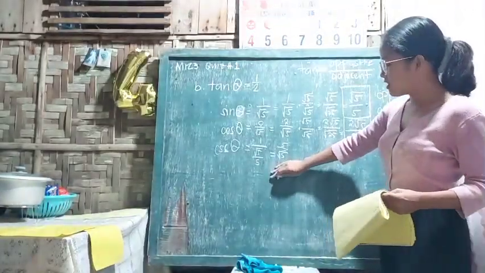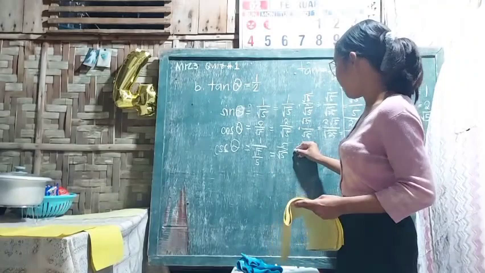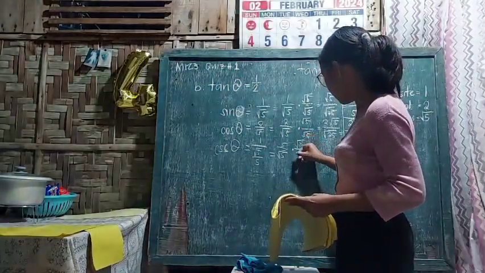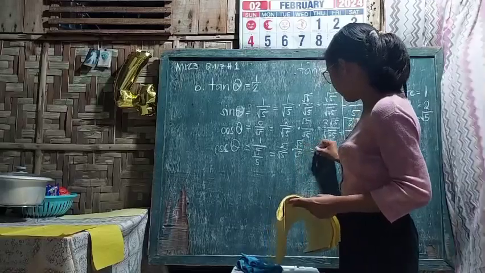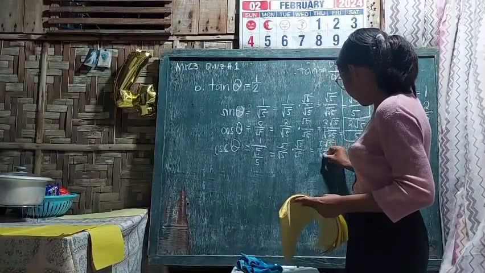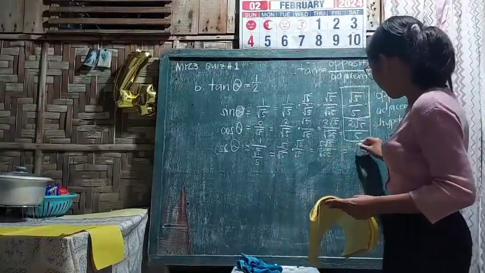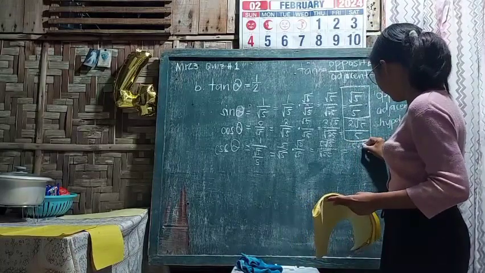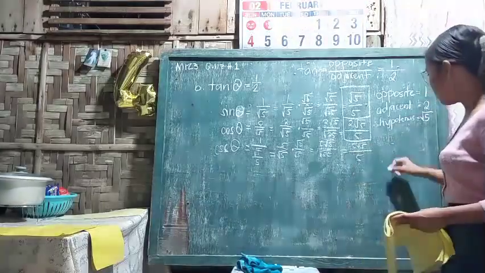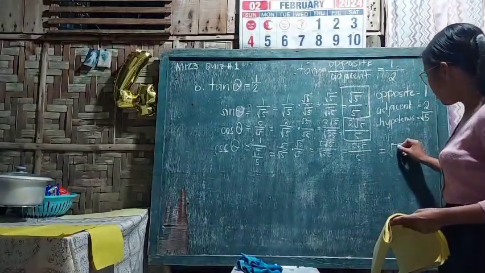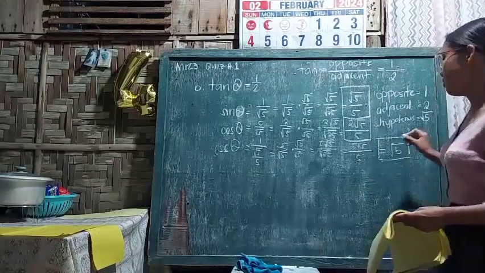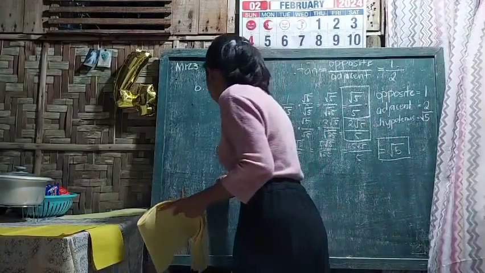We are going to rationalize the denominator since it is a radical. We need to multiply it by 1. 5 over square root of 25 is equal to 5 square root of 5 over 5. 5 divided by 5 is 1, so that would leave us with square root of 5 as the value of our cosecant.